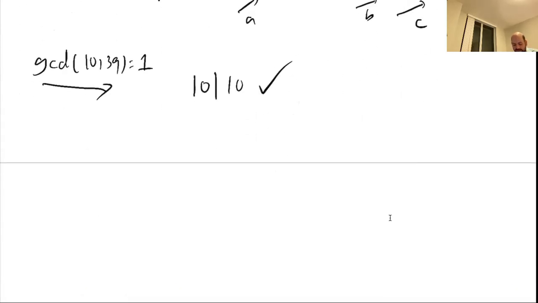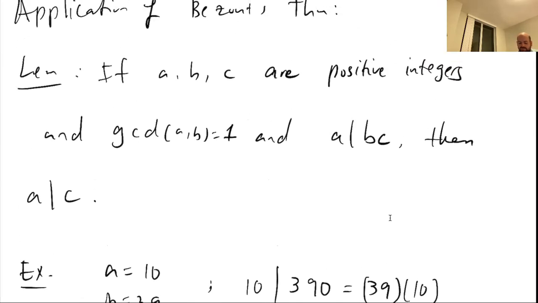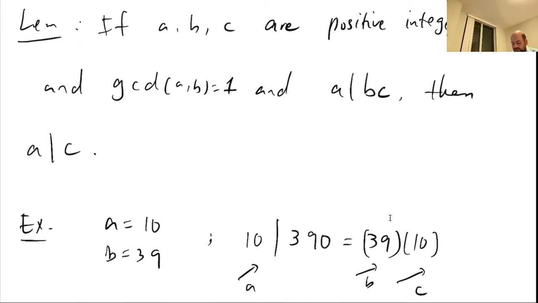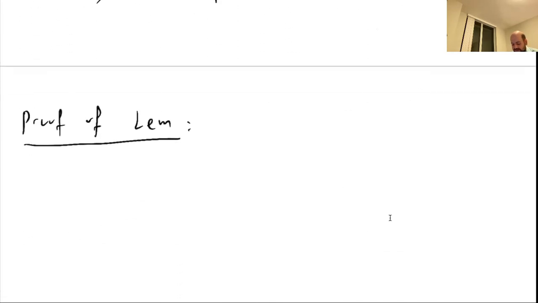So now the proof of the lemma. Let's look at the assumption. One assumption is that the GCD of A and B is 1. If the GCD of A and B is 1, Bezout's theorem says that some linear combination must be 1.